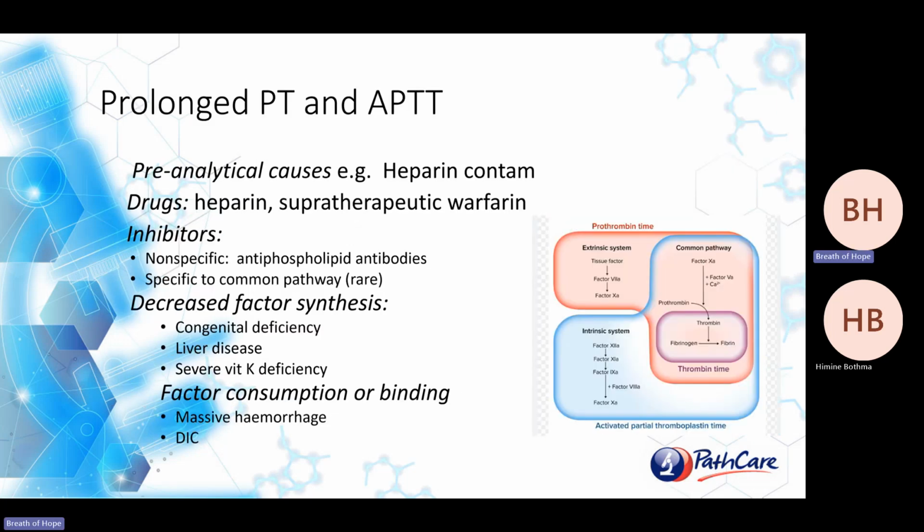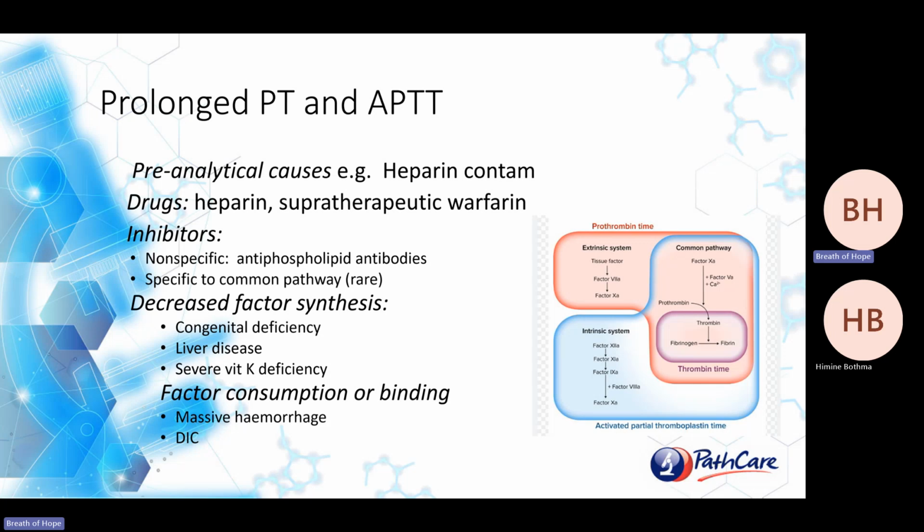If both are prolonged, what are you dealing with here? You're dealing with possibly a pre-analytical cause like heparin contamination of that sample. So if you were not expecting it to be prolonged, please exclude that and perhaps repeat.